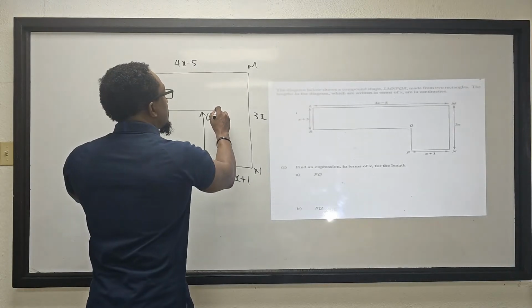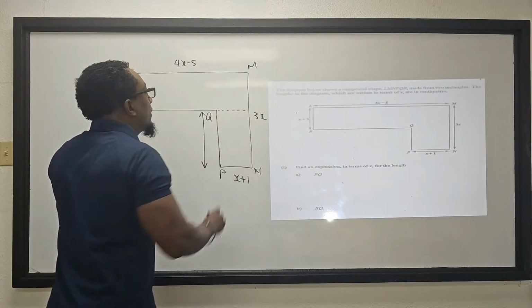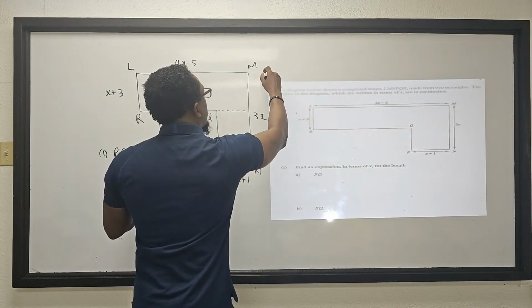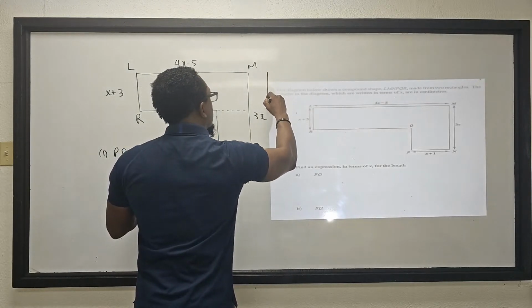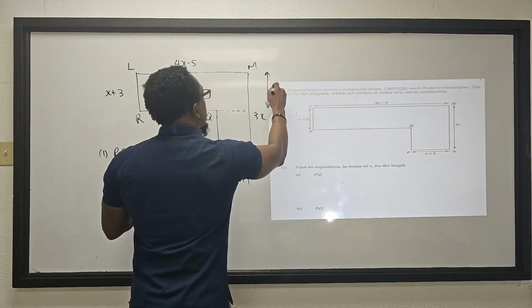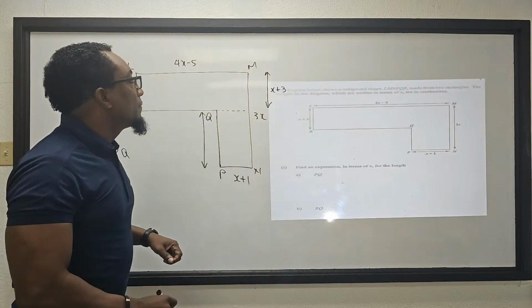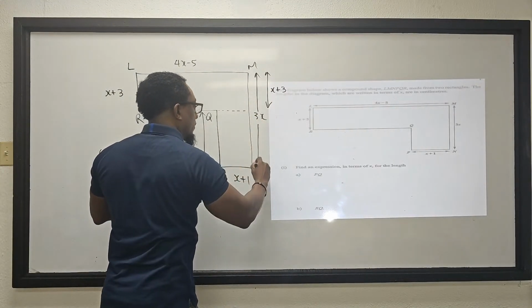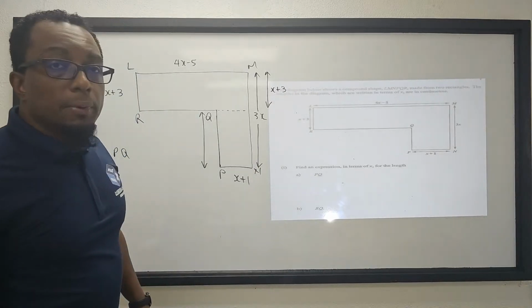So if I create my rectangle, I know that this length from here to here is x plus 3. And of course, this is the entire length, MN, which is equal to 3x.